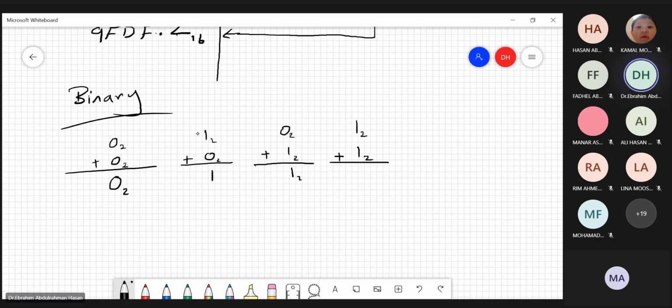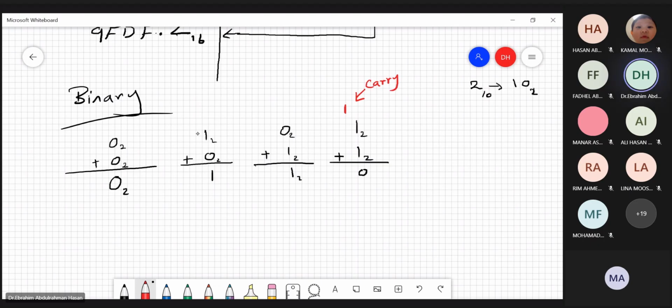It is equivalent to 10 in binary. So how to write it? It is equal to 0, and we have 1 here, which we take by hand and call it a carry.